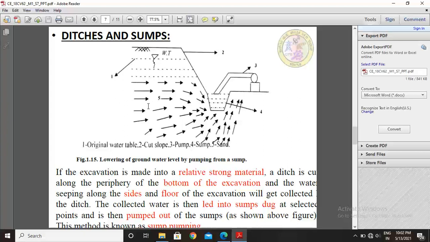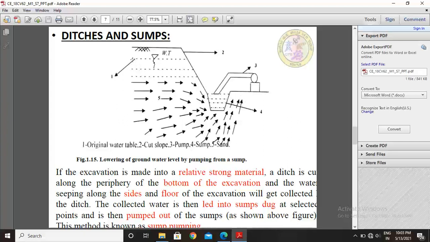So, next, ditches and sumps. Let us see these diagrams. So this is cut slopes.